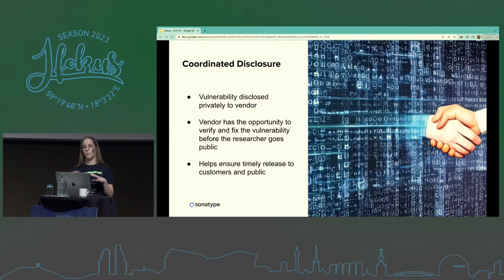So they might disclose it privately to begin with, and then there'll be some kind of agreed upon timeline that, okay, you have to fix it by this day, and then we're going to talk about it in public, just to give some time there, so that whatever product there is not totally vulnerable if that CVE were to just go public right away.